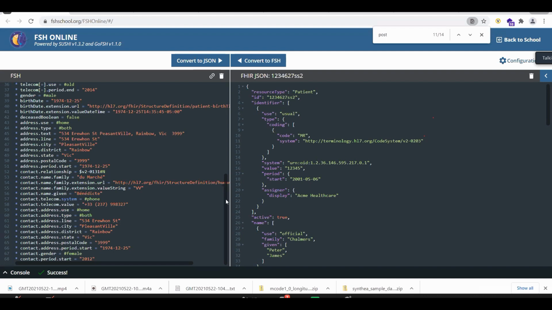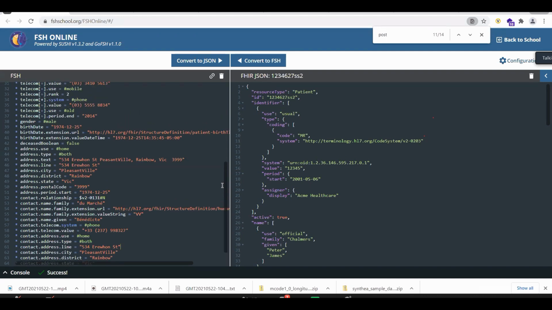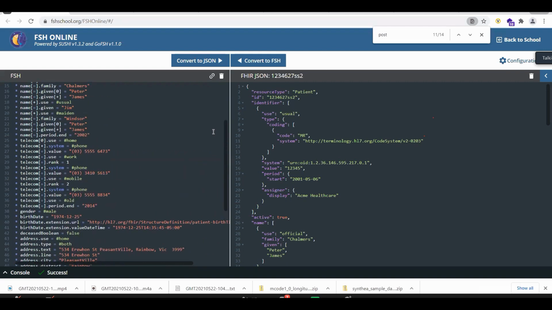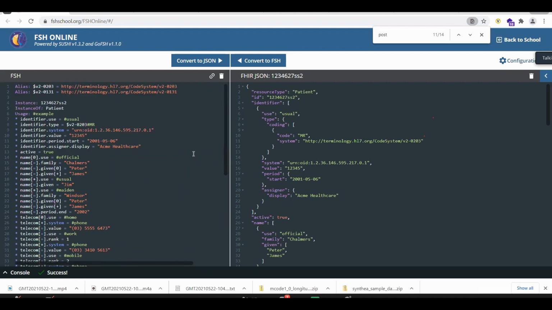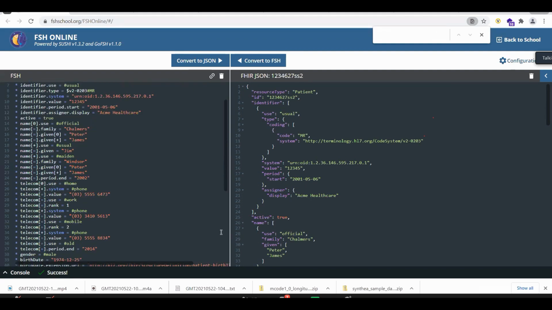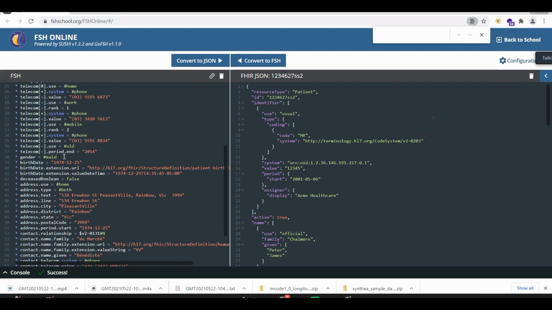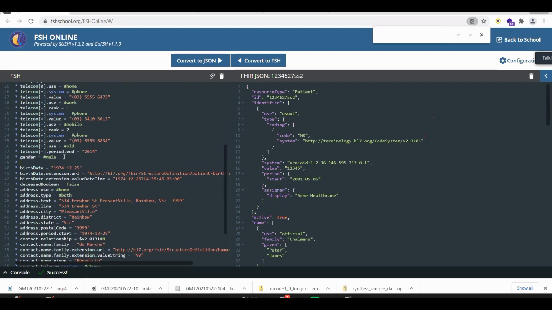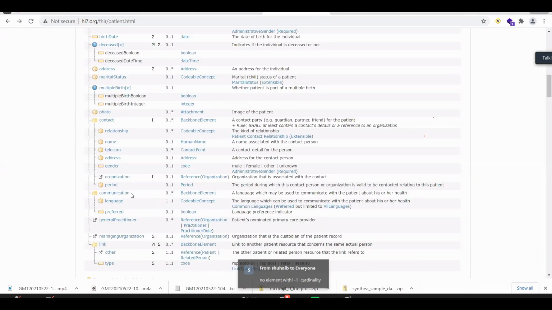So let's see if there is communication here or not. I don't think communication is there, right? It's not there. So should we put that communication in and try it out? So the syntax is communication.